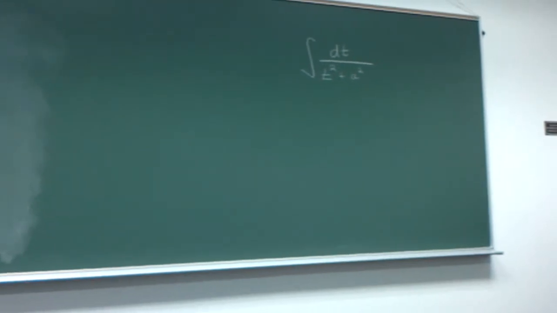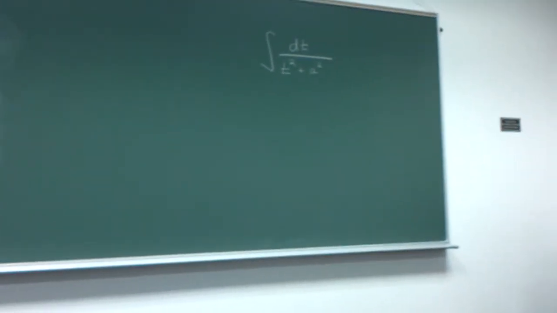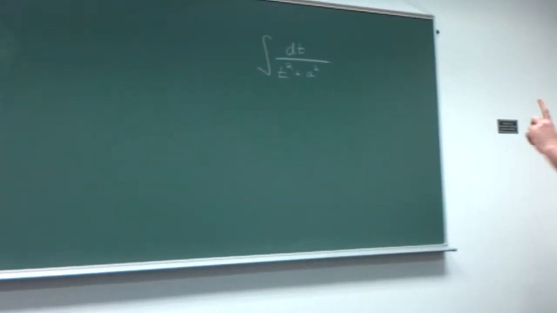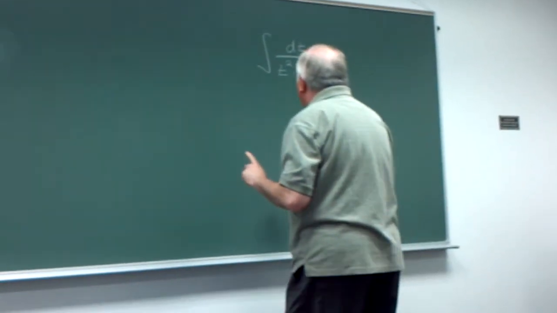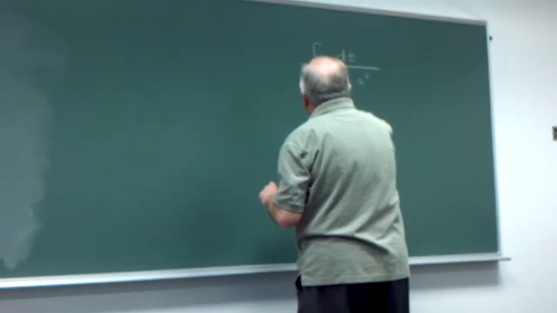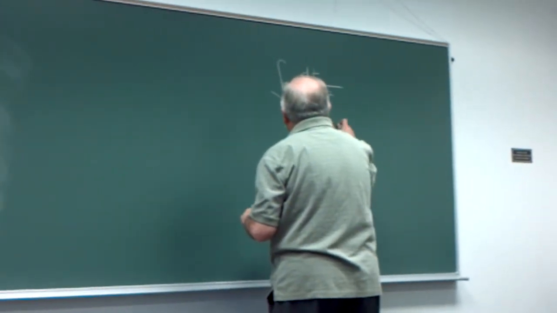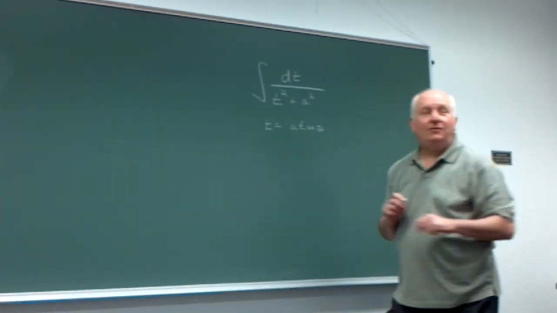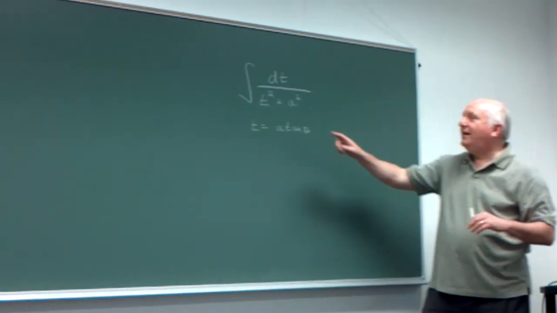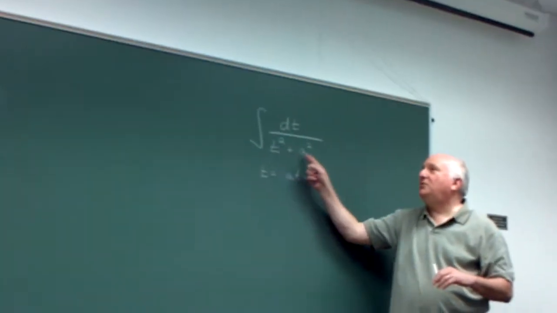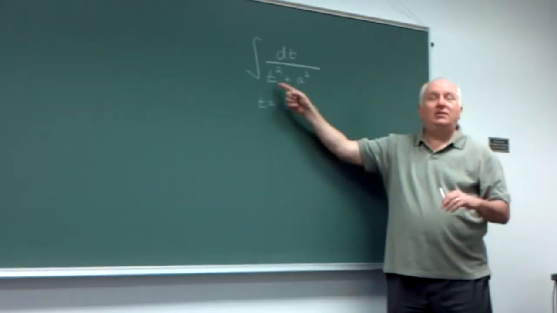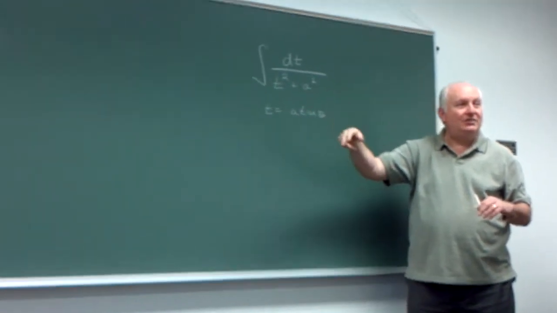But the point is, where did the form come from? If you had turned it into something like this, then the substitution you want to make is t equals a times the tan. Because if this was t squared plus 1, you'd want to turn it into t squared plus 1, because that would be secant squared.